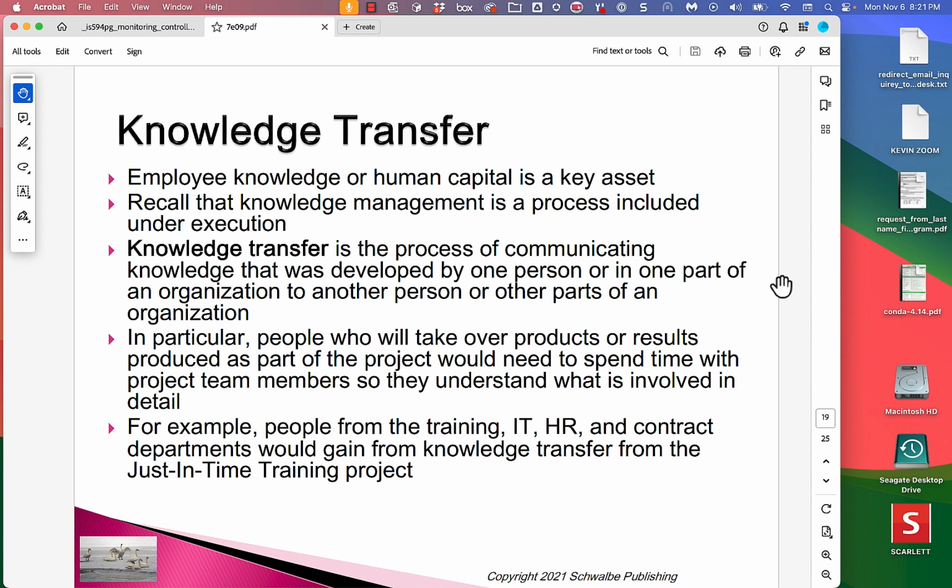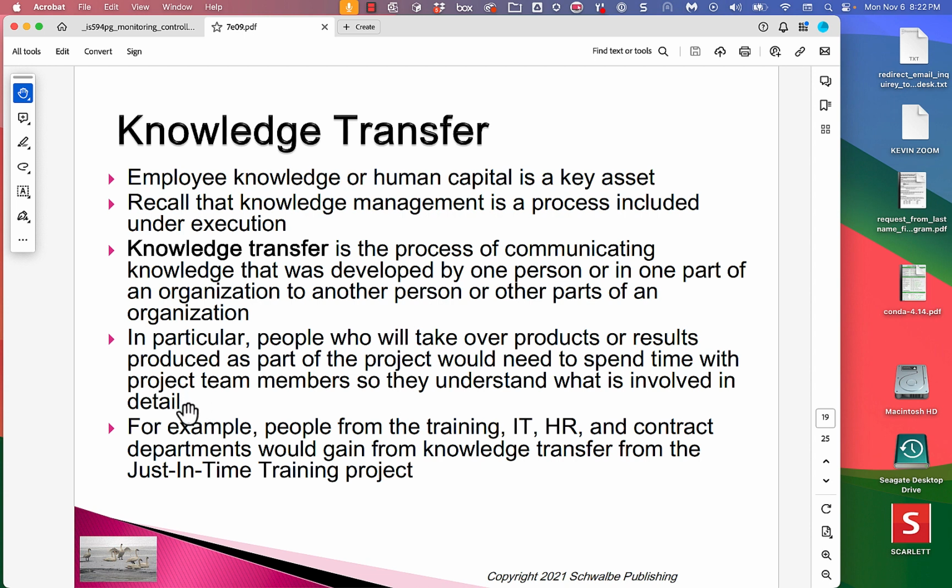Well, what can you hand off? I mean, there's a lot of knowledge that the team has that you could just lose if you didn't try to transfer it. In particular, people who would take over products or results produced as part of the project would need to spend time with project team members so they understand what is involved in the detail.